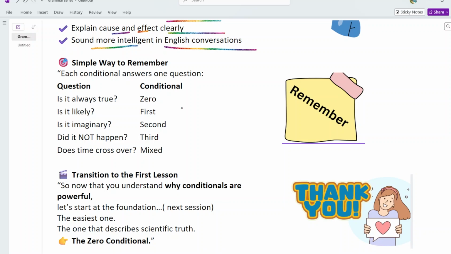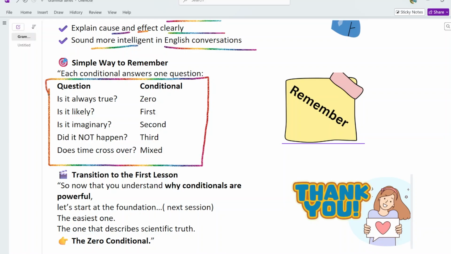A very easy way to remember your conditionals, as you can look at the screen now, are these. Just hold on. Let me make a square and try to highlight this. Yes. Okay. Now, if something that you're talking about is always true, then it is a zero conditional.